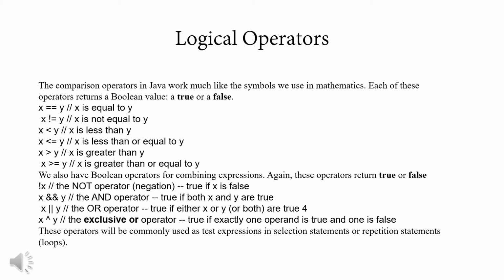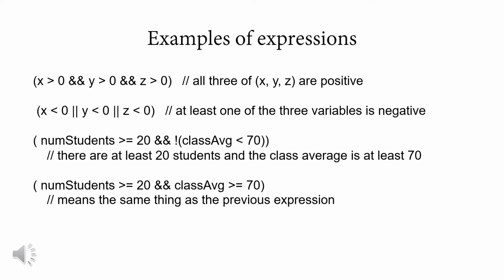So these are some operators that will be used as test expressions in selection statements or repetition statements. It's good to know and remember them. In the previous slide, we talked about comparison operators and Boolean operators.